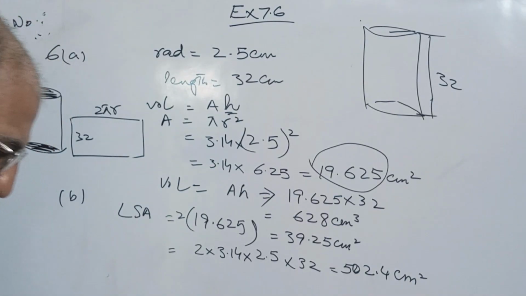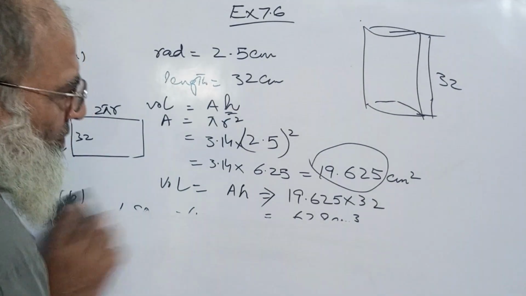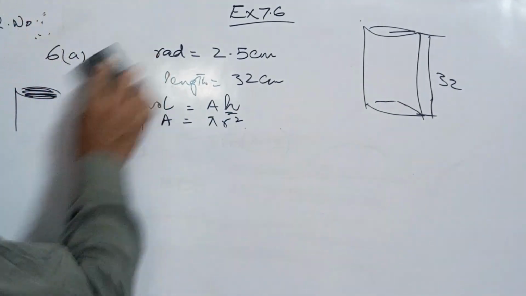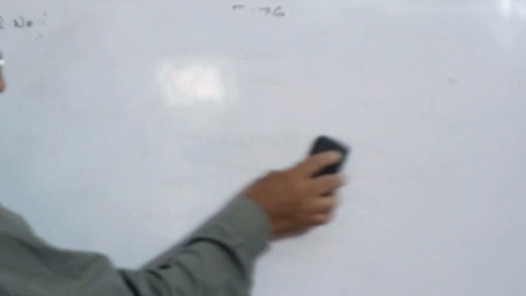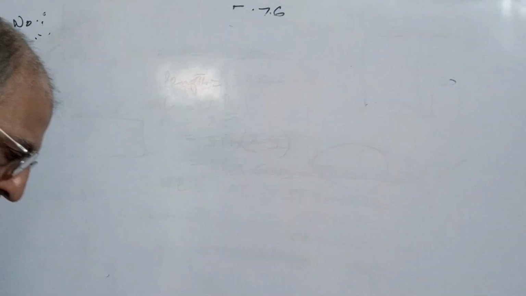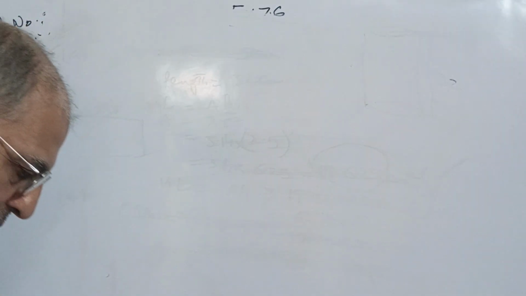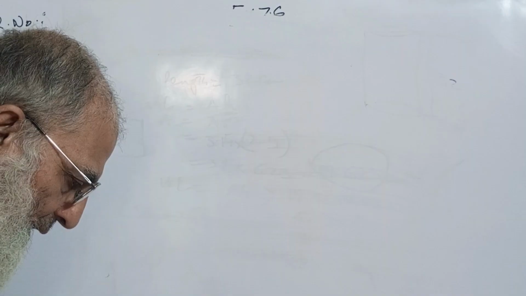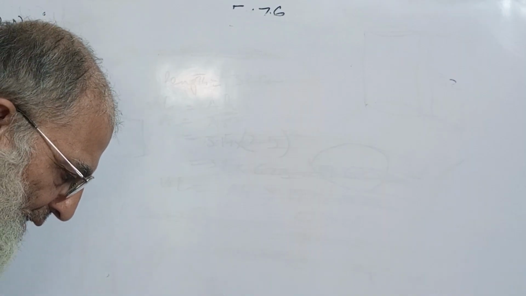Now moving to the next question, that is question number 7. The diagram shows the solid glass case for a clock. The case is a cuboid with a cylinder removed to fit the clock mechanism.